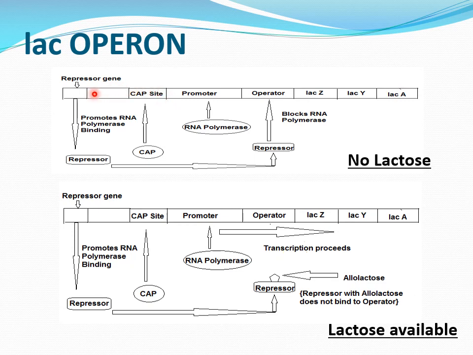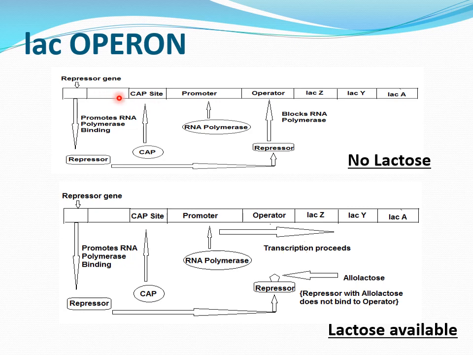Now upstream there are many other nucleotide sequences, and one of the nucleotide sequences upstream of the Lac Operon is the CAP site, about which we are going to talk shortly.